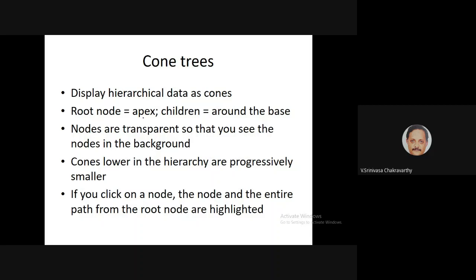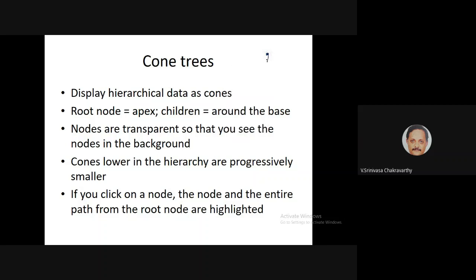Then finally, there are cone trees, which depict hierarchical data as cones. Suppose you are depicting the organizational chart of a company. There is, I don't know, the CEO or somebody like that at the very top.